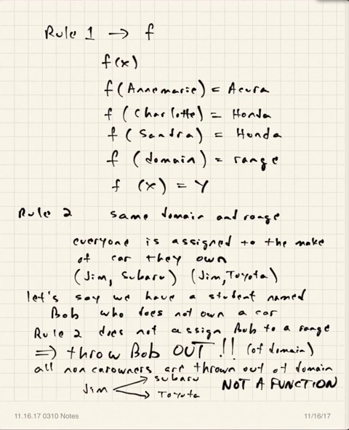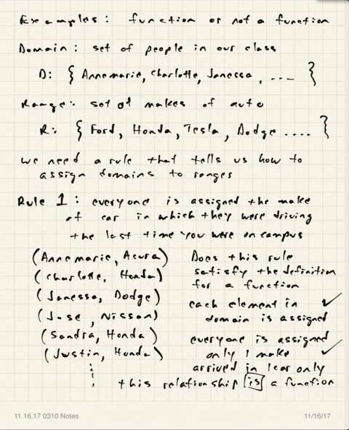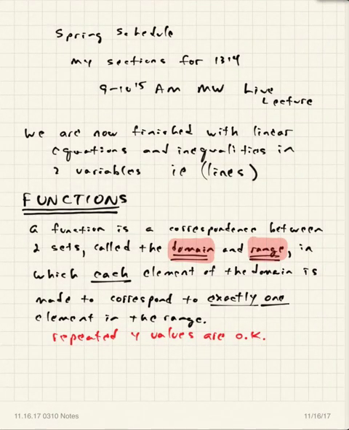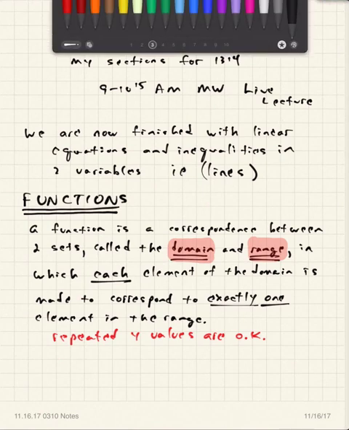And so going back to our definition, a couple screens ago, we wrote underneath our definition that repeated y values were okay. So if you had a set of ordered pairs and they had the same y value, that was okay, not a problem. Well, what else should we add now?